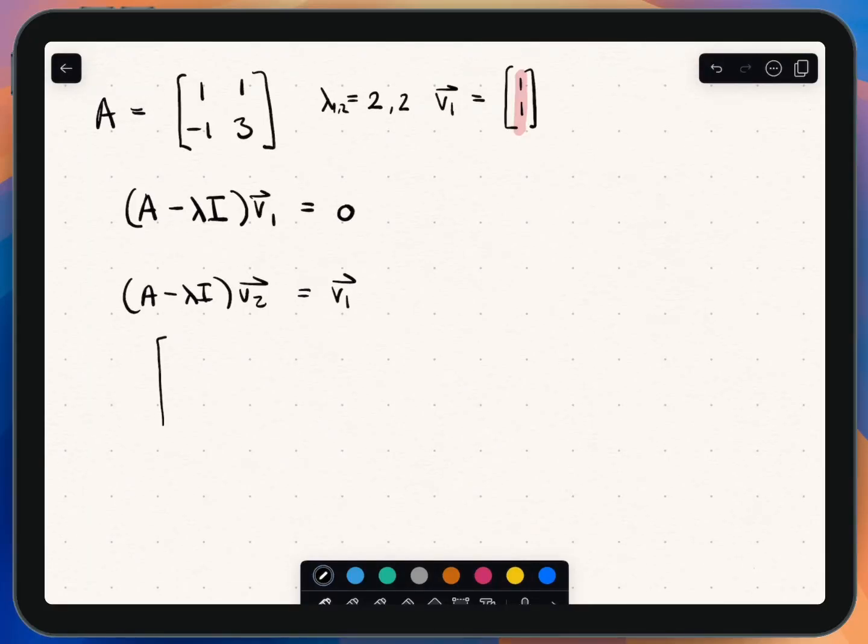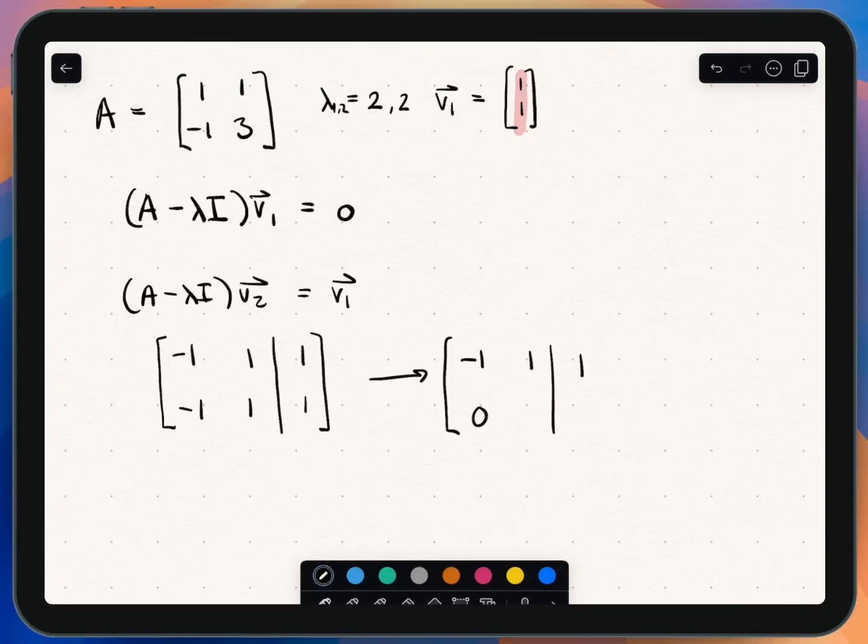So I would just subtract 2 on the diagonal, so we will get -1, 1, -1, 1. And then I want to solve for getting v1, which is just 1, 1. Then if I solve this, I can add -1 of this row to this row. What we would get is -1, 1, 1. Then 0 in the bottom row.